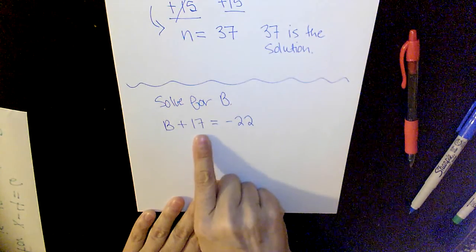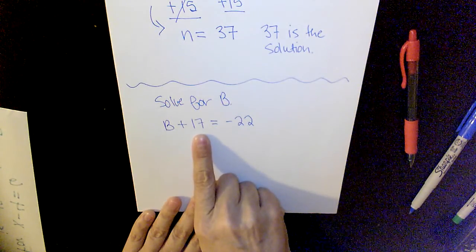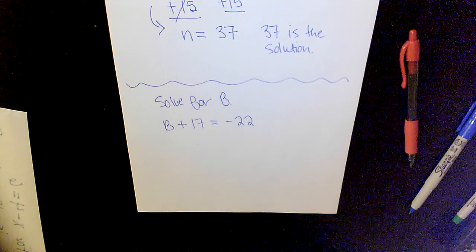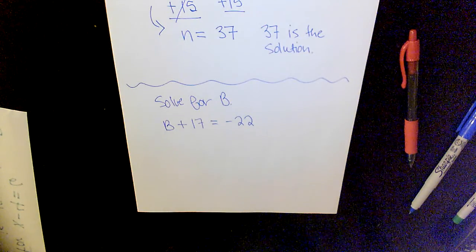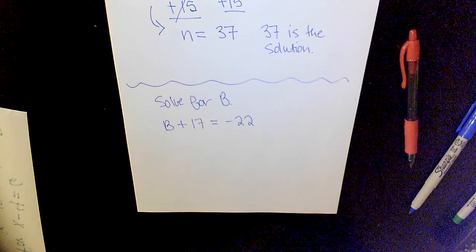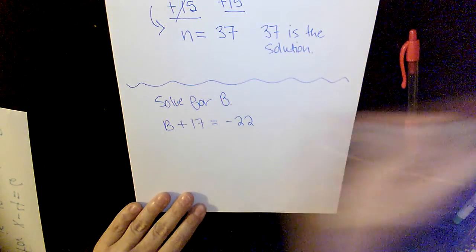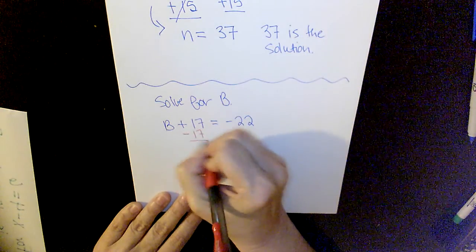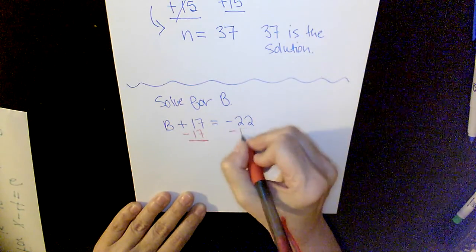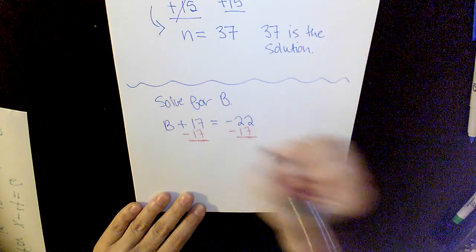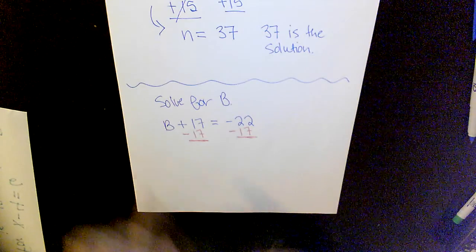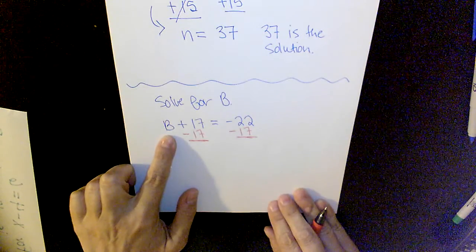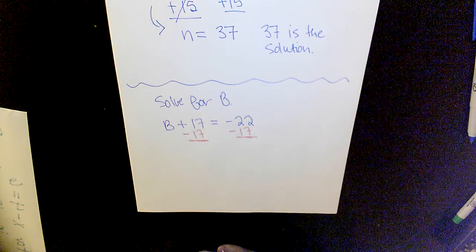So I have a plus 17. What's the opposite of adding 17? Opposite of adding 17 is subtracting 17. Whoops, excuse me, wrong color. So I want to subtract 17. What I do to one side, I have to do to the other, because I want to get to where I can see what value b is.